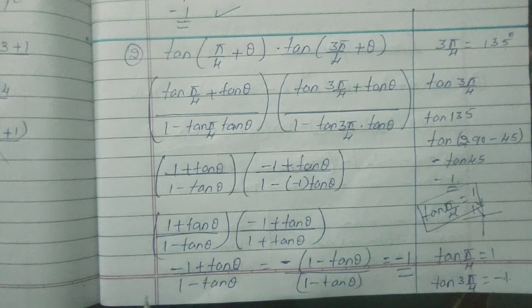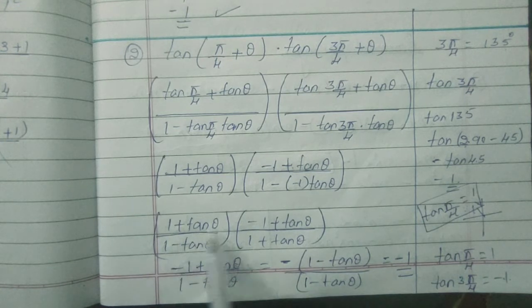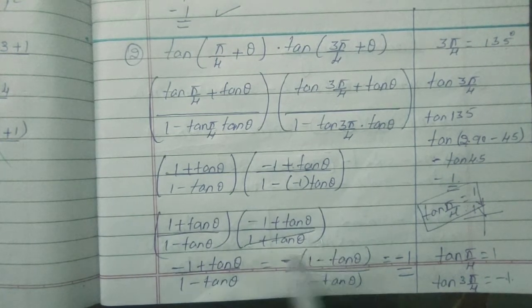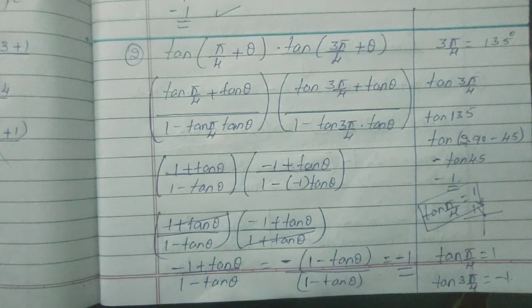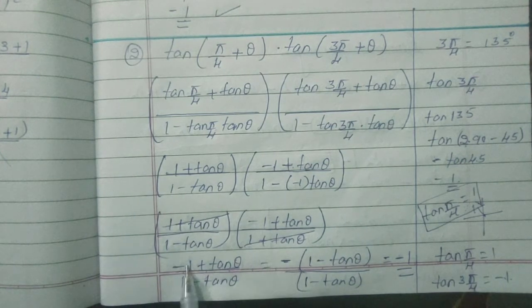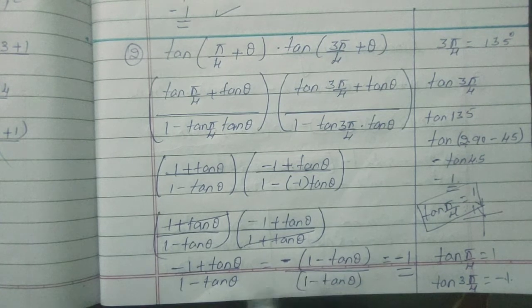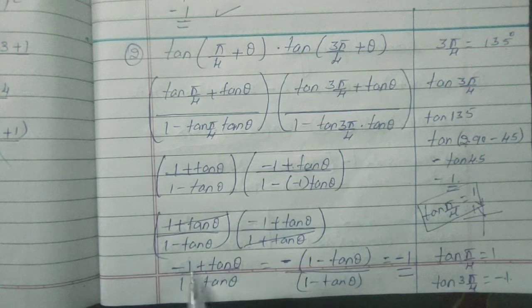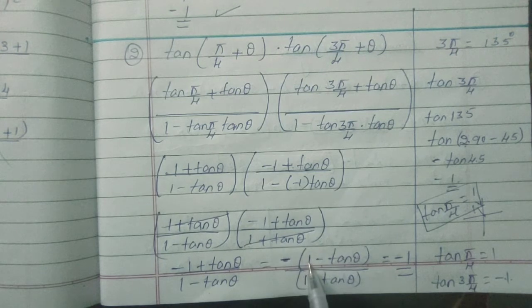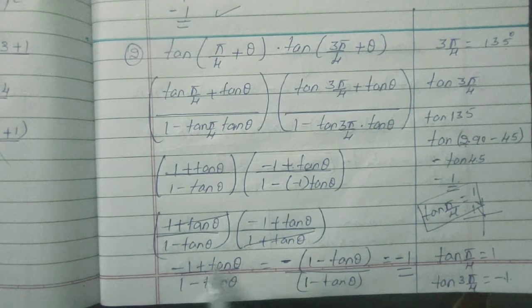Next, see here, this 1 plus tan theta and 1 plus tan theta get cancelled. What is left? Minus 1 plus tan theta by 1 minus tan theta. In the numerator, I will take minus common. When I take minus common, this 1 will become plus and this tan theta will become minus, because if you multiply you will get back the same.